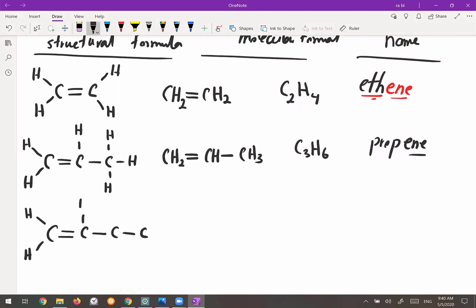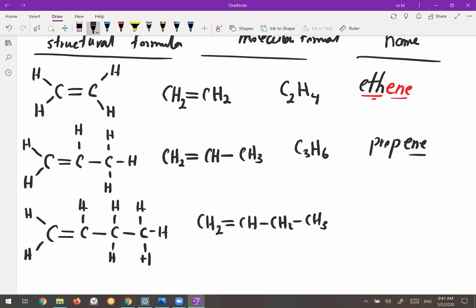The second carbon needs only one hydrogen. Then you need two hydrogens here. And for the last carbon, you need three hydrogens. The condensed structure of this one is CH2, double bond CH, single bond CH2, single bond CH3.